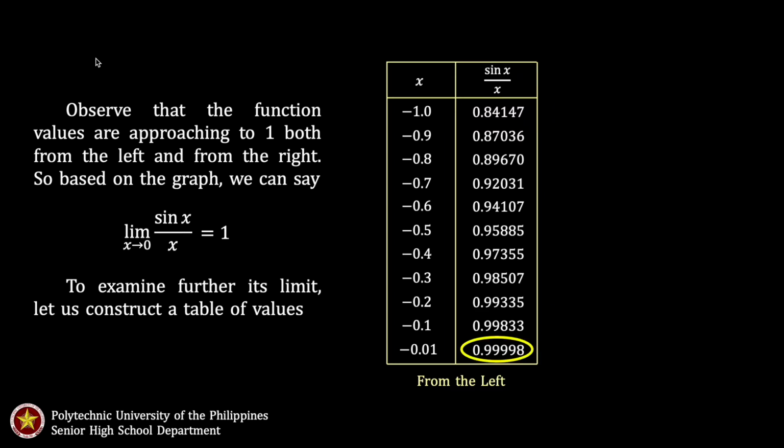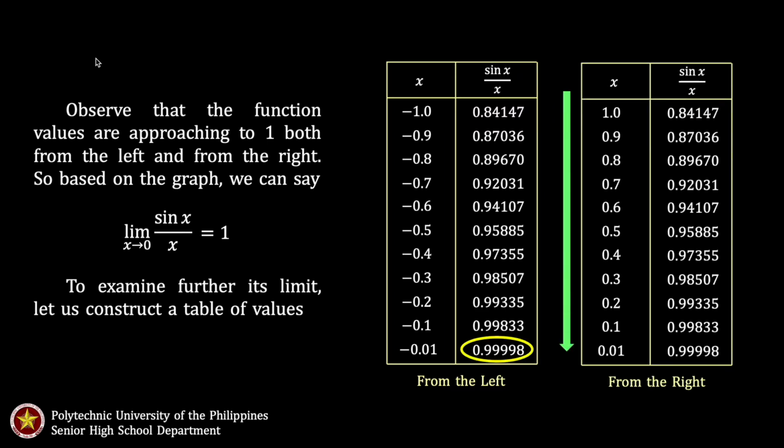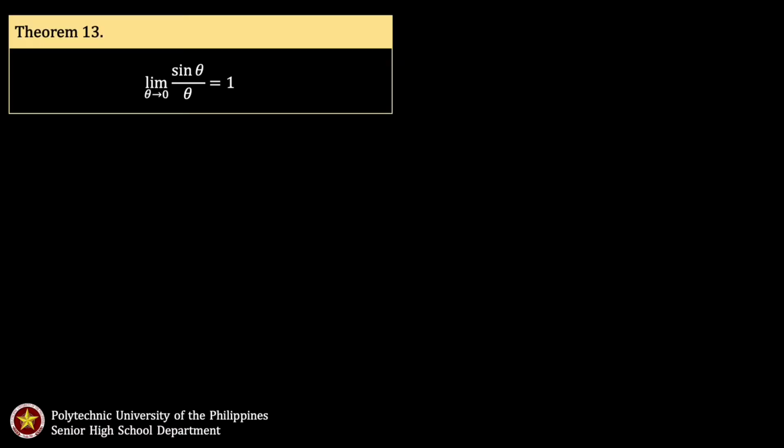And from the right side, as x approaching to 0, the y values also approaching to positive 1. Now let us treat this function in terms of its limit as a theorem labeled as theorem number 13. So this must be equal to 1. Now let us construct its proof that this is really equal to 1.